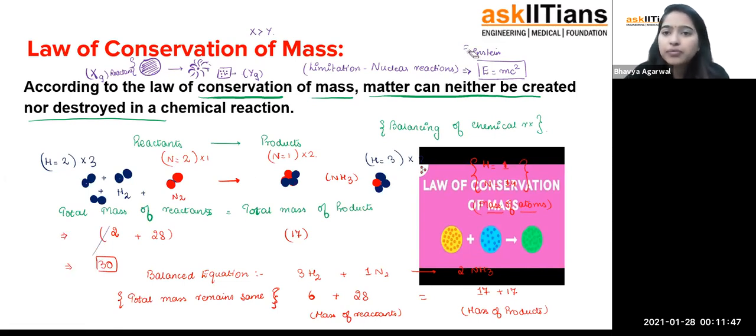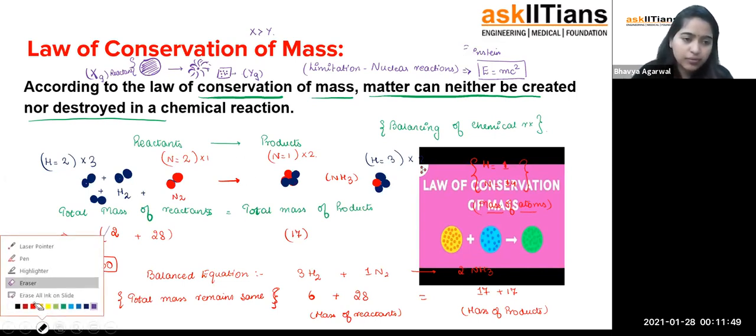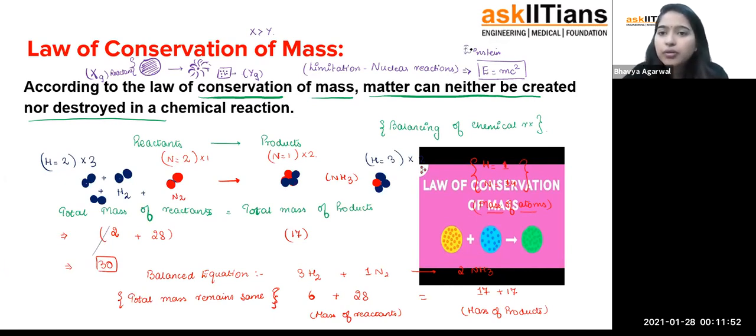So this is Einstein's equation, E is equal to mc square. This tells you about the energy and mass relation, that it is the mass which gets converted into energy or vice versa. This is possible. It means not every reaction, like here, follows the law of conservation of mass, a limitation.